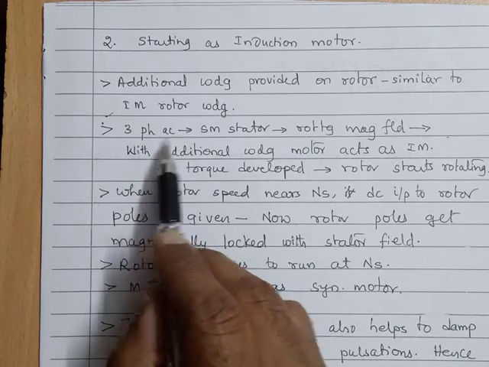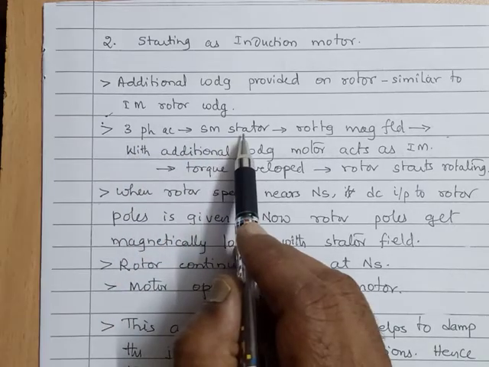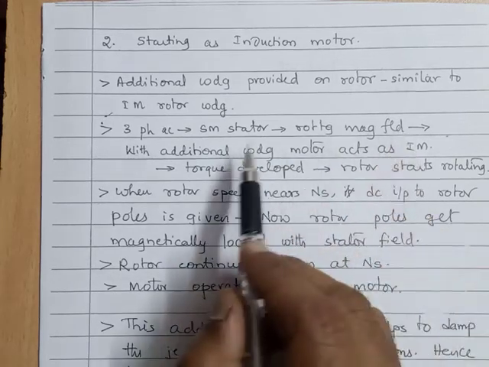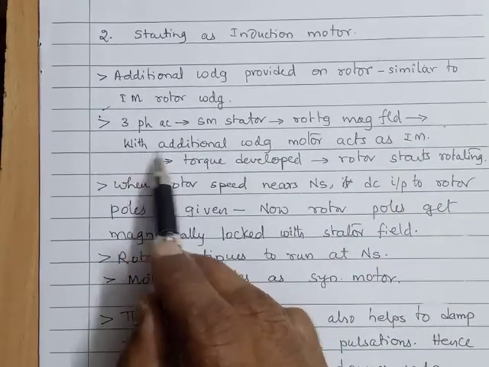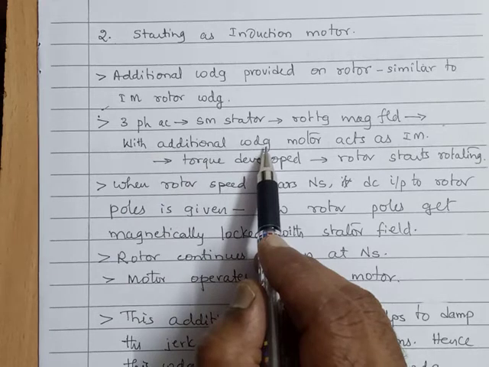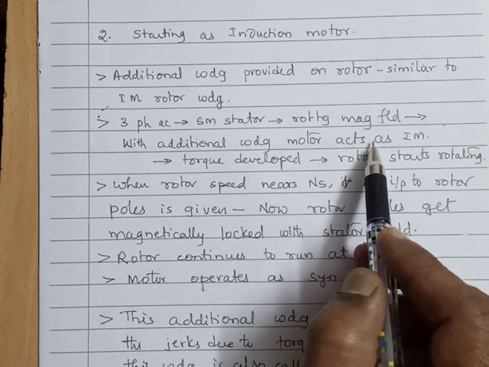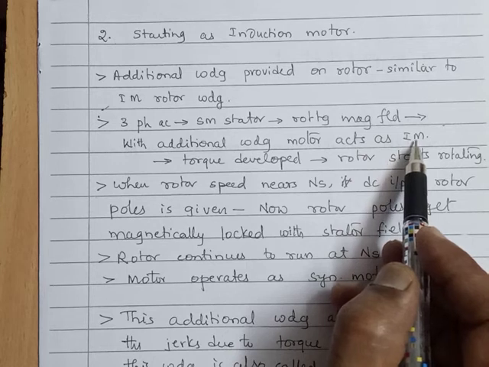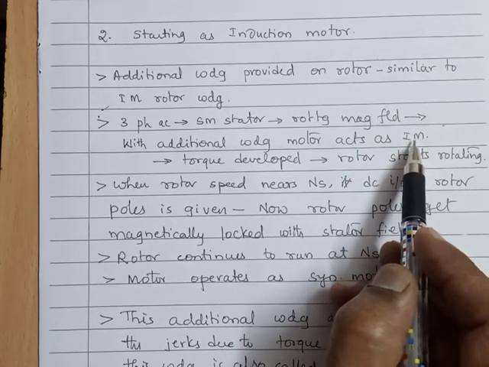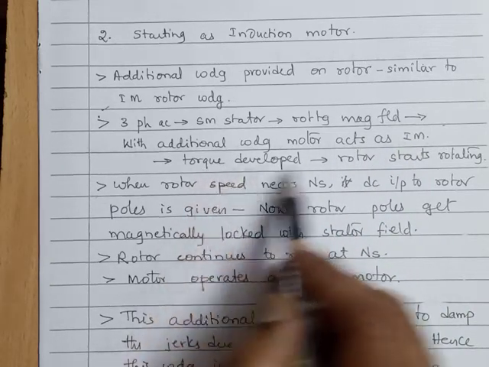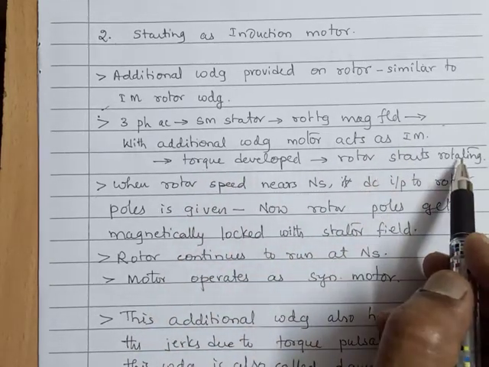And three-phase AC supply is given to the stator of the synchronous motor. Rotating magnetic field is created, and because of that additional winding, which is a short-circuited winding on the rotor, the motor now acts as an induction motor. And in the case of a three-phase induction motor, we know there is starting torque, and hence the rotor starts rotating.